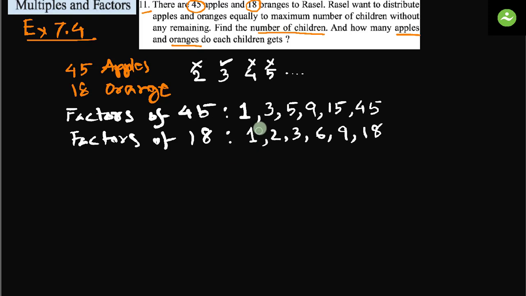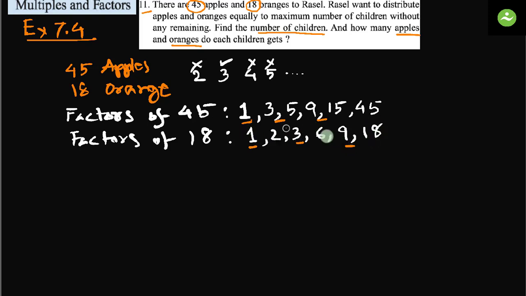So we found a few numbers that divide both, and those are known as common factors. 1 is common, then 3 is common, then 9 is common, 15 is not, 45 not, 18 not.